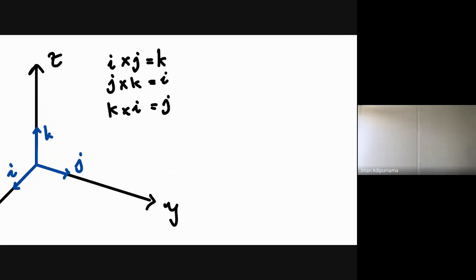But then let's try J cross I. What will happen? It's going down, right? It's not going up. So I cross J is not equal to J cross I. That you need to remember.